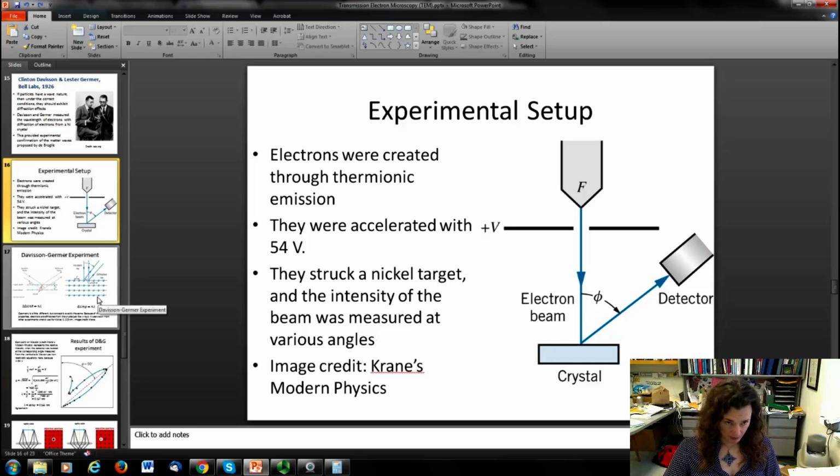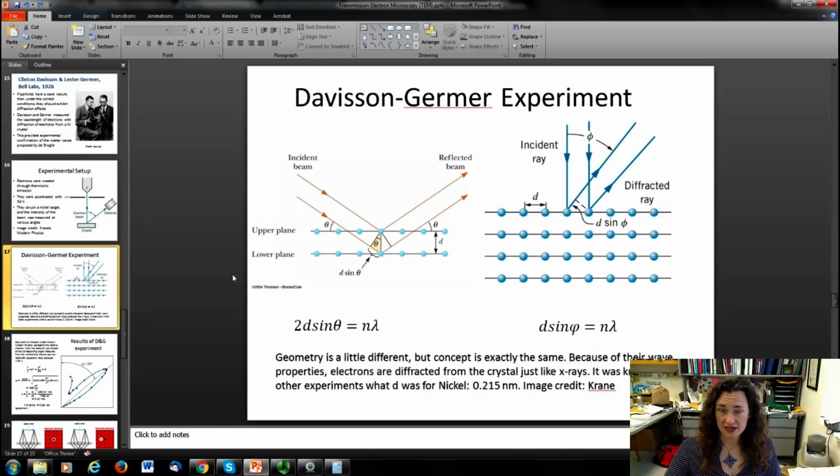Okay, now remember that the Braggs had already come up with a theoretical prediction for the diffraction of X-rays at this time. And so Davison and Germer said, well, matter waves should be basically the same thing. Our geometry is slightly different. So here's the geometry for the Bragg sort of crystal diffraction, and here's the geometry for the Davison and Germer experiment.